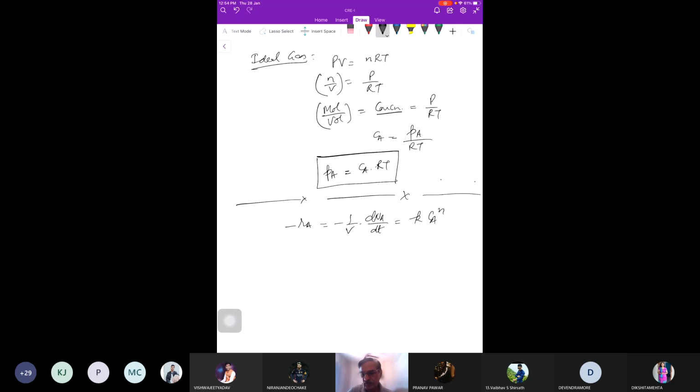ठीक है, rate equation. Yes, sir. Units of rate are always moles per unit volume per unit time, right? यही है ना. If I take look at this one, this is 1 upon volume, this is moles and this is time. ठीक है, is this correct?